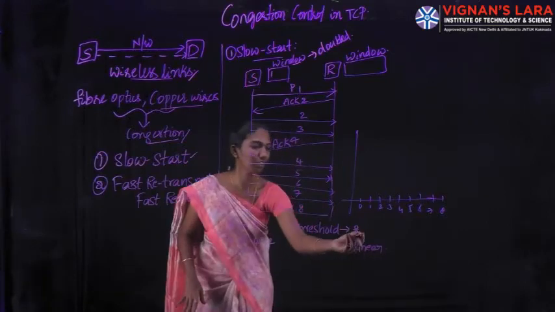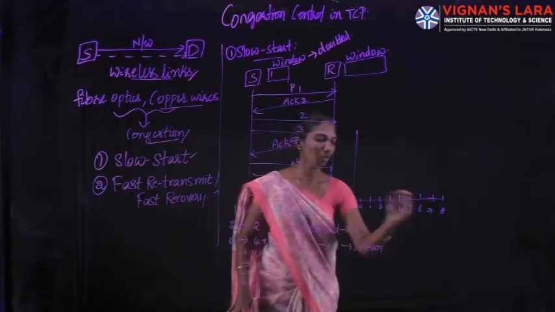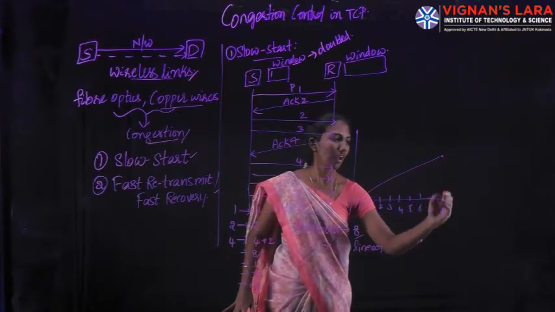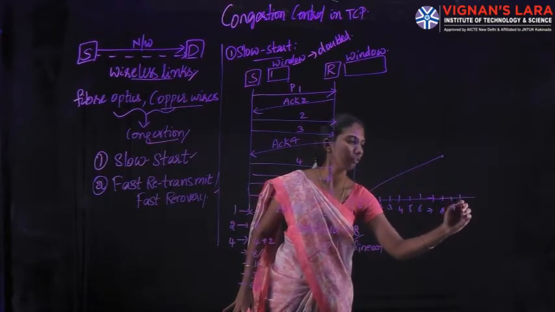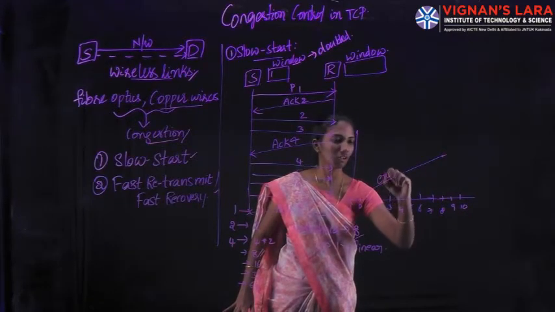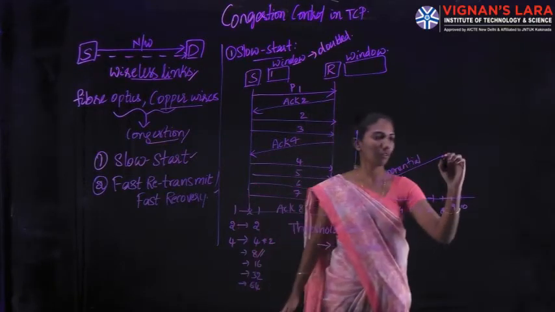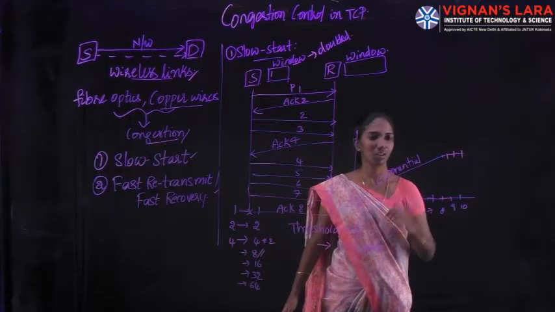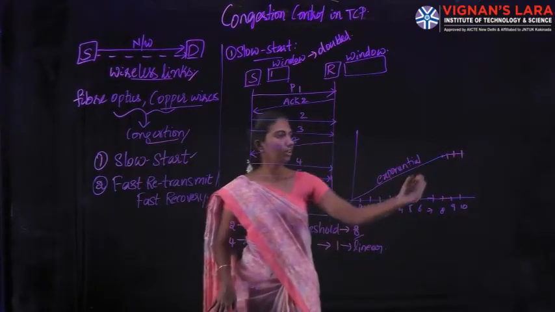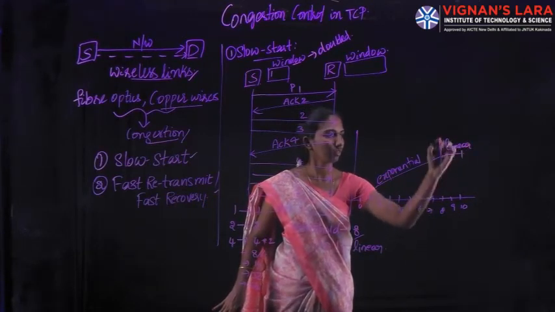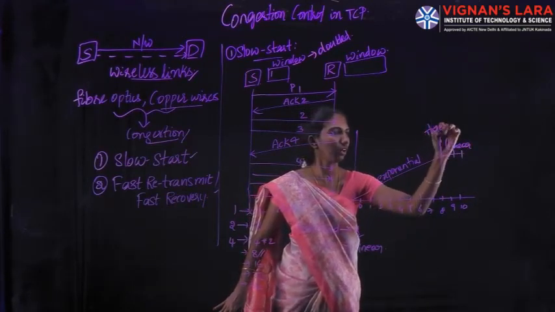So now I have kept 8 as my threshold. Now the graph will increase exponentially, and from this point it is going to increase linearly. So this is the exponential phase, and from here it will be a linear phase. Okay, so here after reaching the threshold value, this is my threshold.